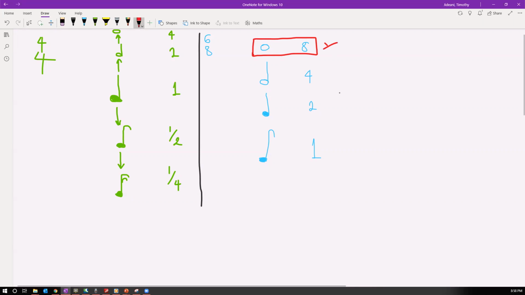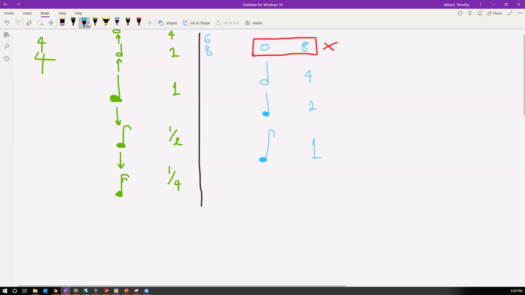Because the value is 8, and the time signature says that we can only have 6 beats in one bar. So hardly, if you see a 6/8, the highest note you would probably get, you need to verify that, is a minim.